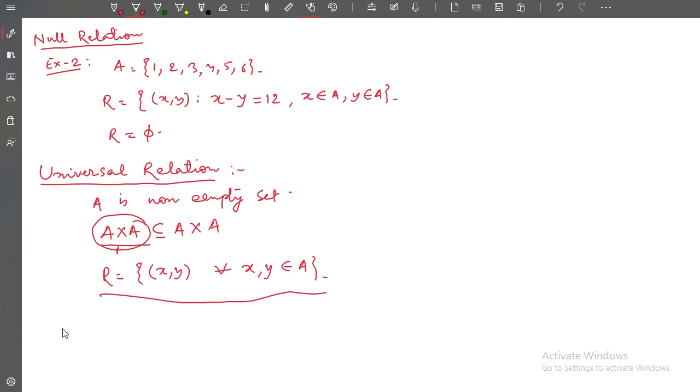Let us take an example. Let A be the set of students of KV Dum Dum.